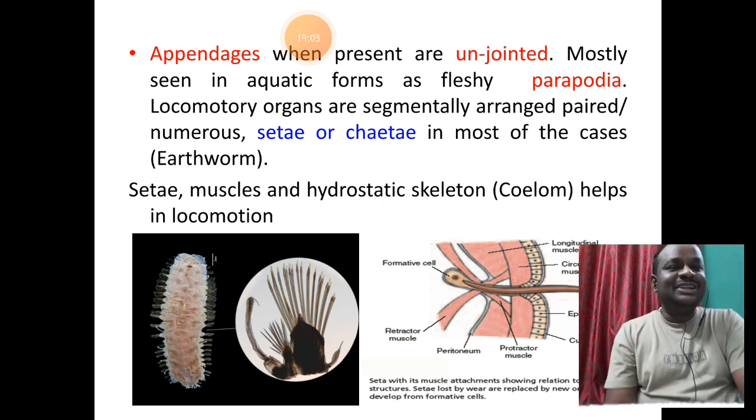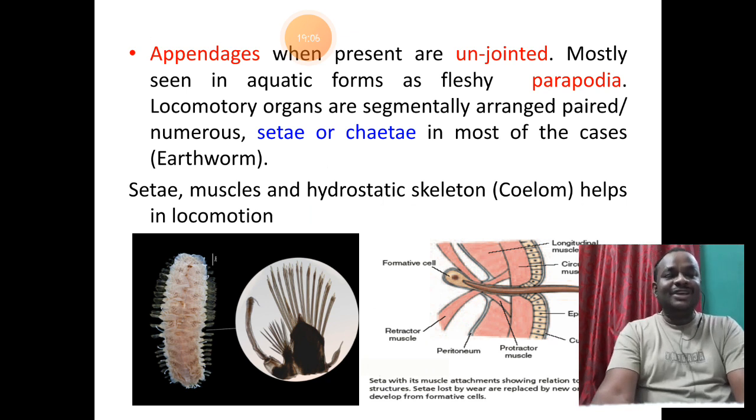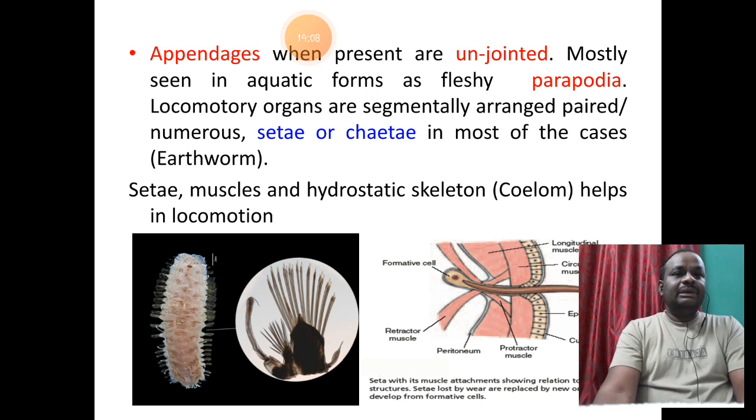Coming on to the locomotion in the case of annelids. Generally, for any locomotion we require appendages or legs. Here the appendages, if present, are unjointed.